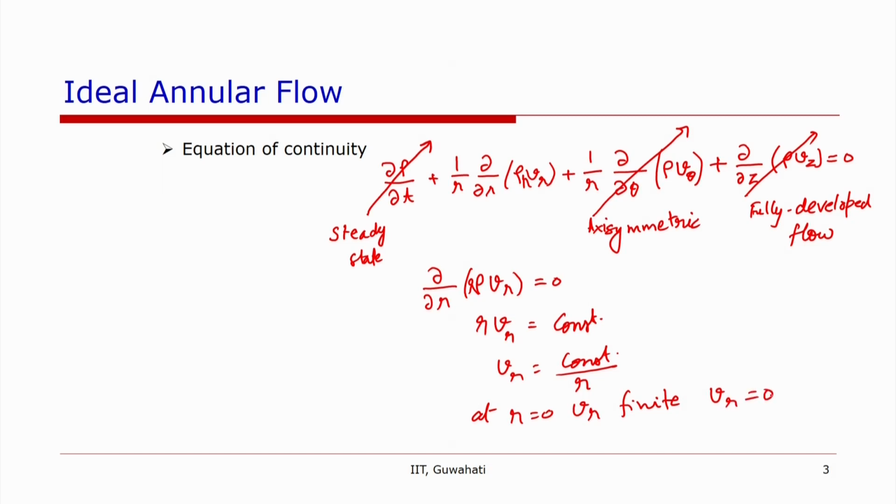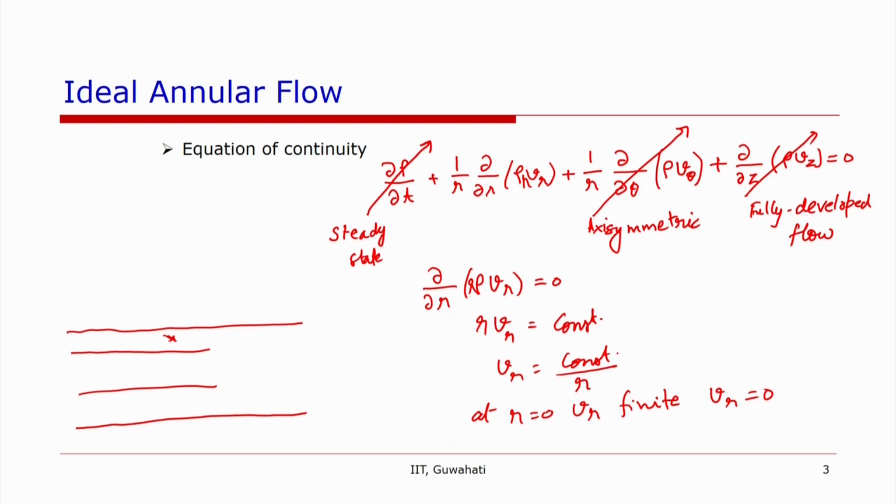That is obvious from the flow configuration itself, because if the flow is happening in the radial direction, the interface radius will change, because some flow will happen along this direction, and the interface radius will have to change to accommodate that flow.